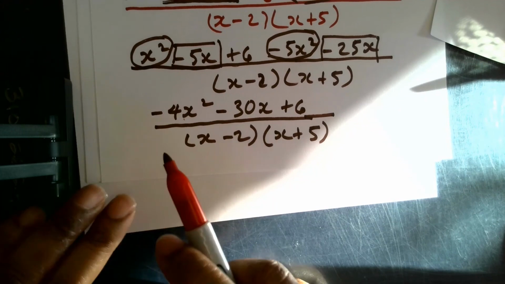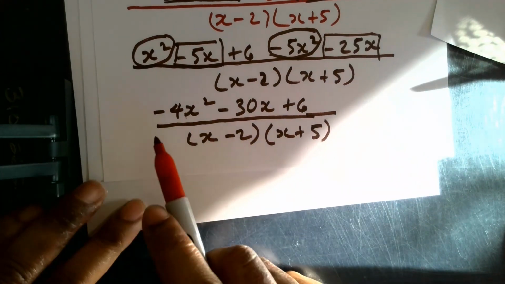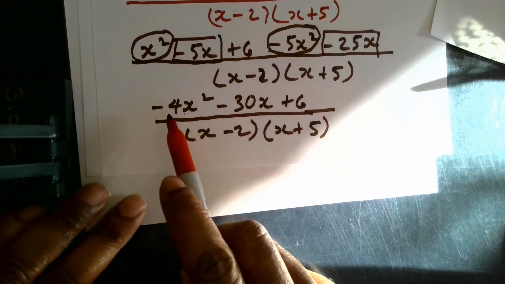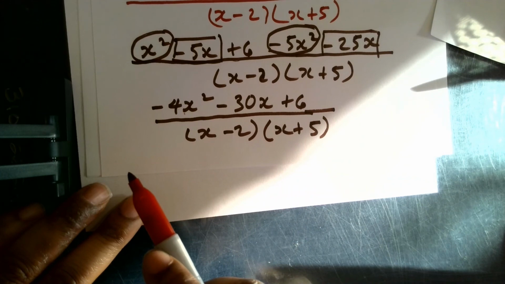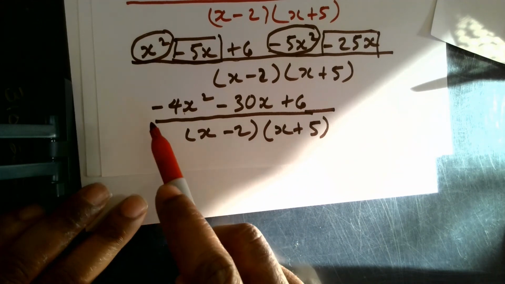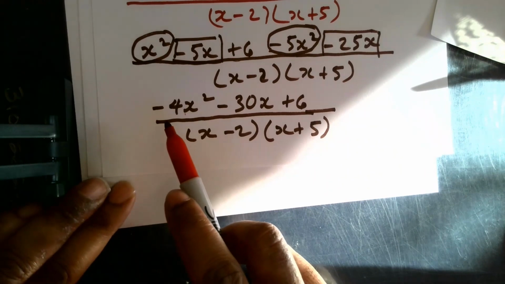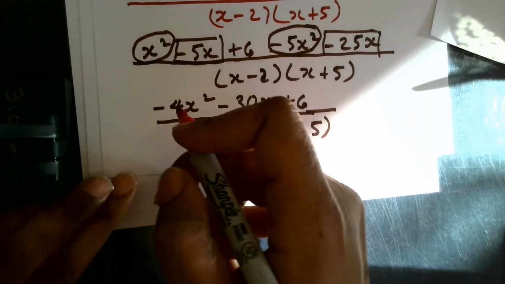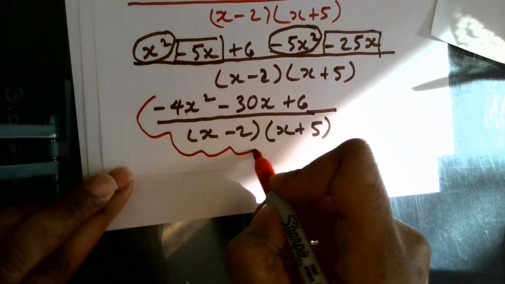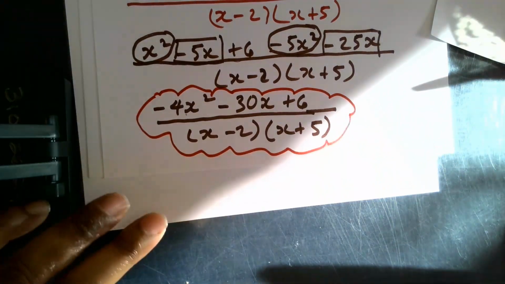I'm just going to leave it as it is. And also looking at this quadratic expression, it doesn't seem to be factorable, meaning we cannot use the AC method on this one. So we're going to leave our answer as it is. Good.